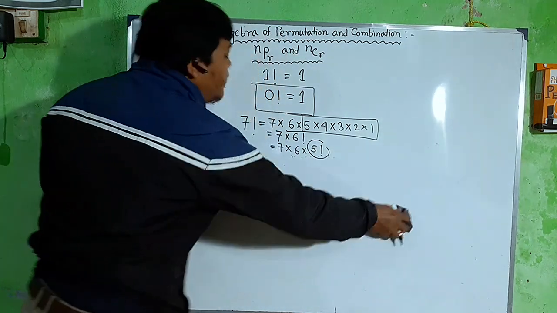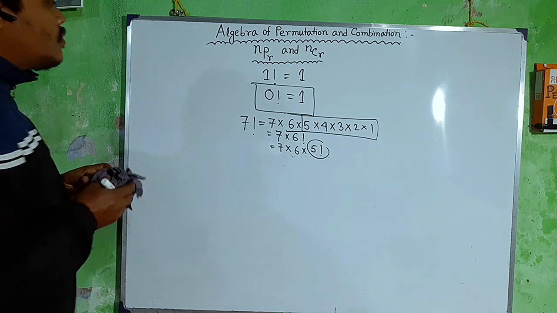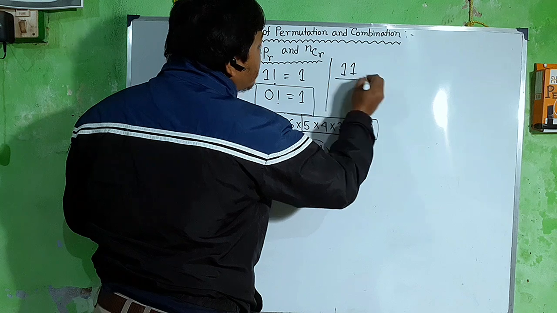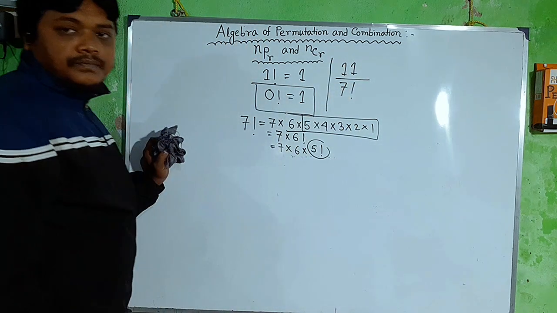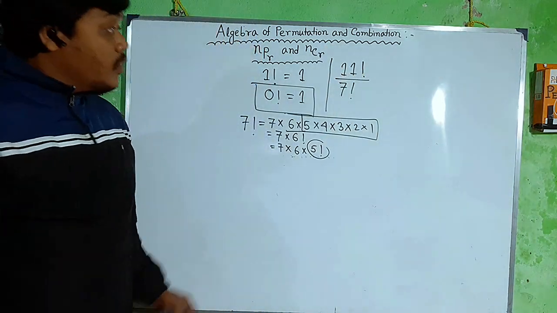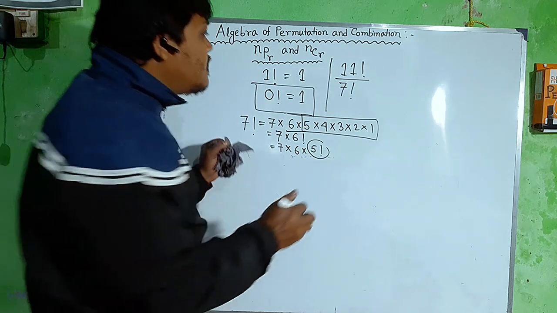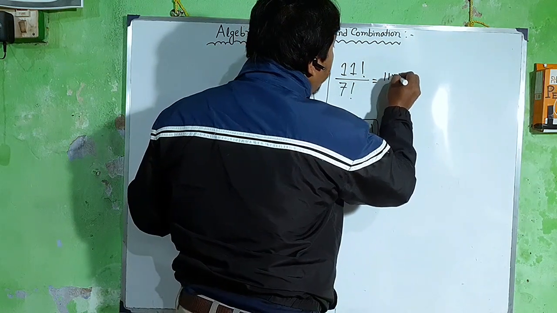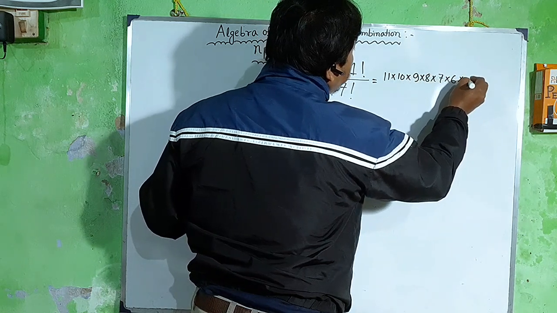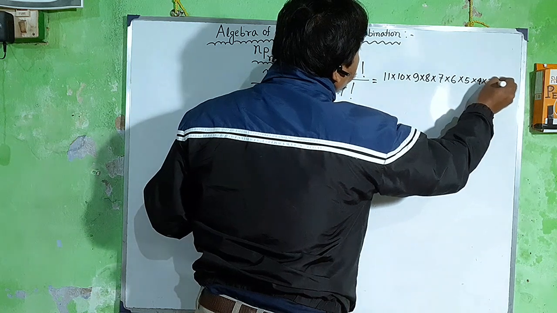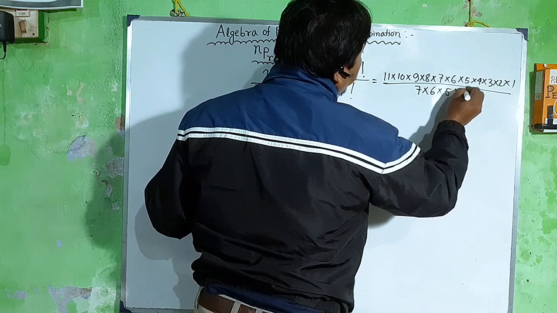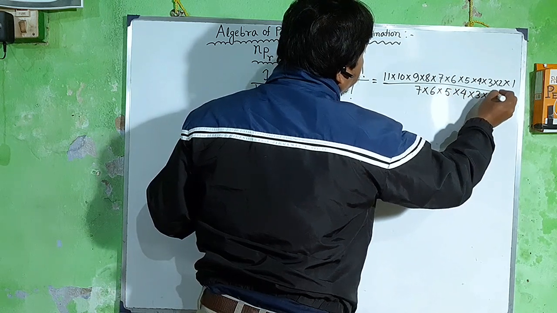So why have we done it in this fashion? Because someone asked me, what is the value of 11 factorial by 7 factorial? How to calculate it? Do you write down 11 into 10 into 9 into 8 into 7 into 6 into 5 into 4 into 3 into 2 into 1 by 7 into 6 into 5 into 4 into 3 into 2 into 1?